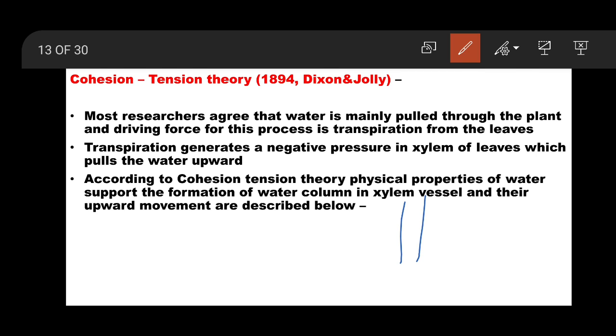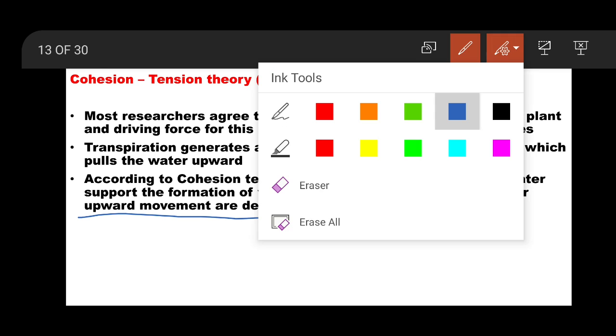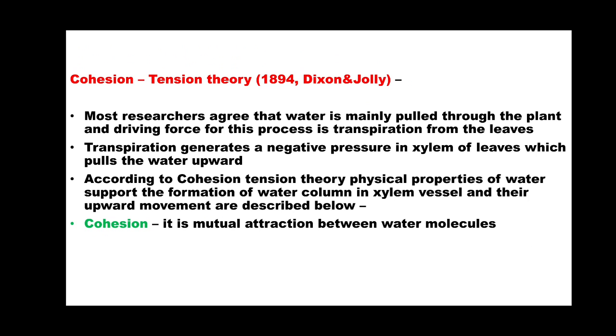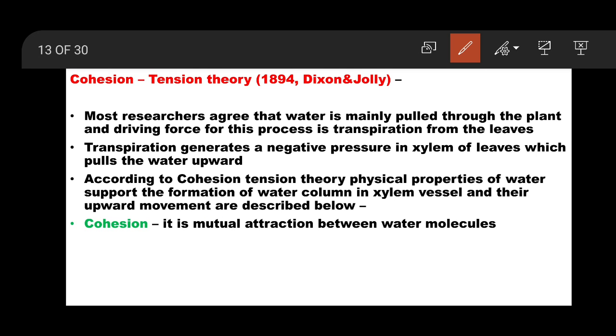So xylem vessel में एक water column बनता है. वाटर कॉलम क्यों बनता है? क्योंकि वाटर के फिजिकल प्रॉपर्टीज की वजह से. So due to these physical properties of water that are supporting the water column formation in xylem vessel and their upward movement. So water column formation भी होगा and there will be upward movement of water after formation of water column. So we are going to study now what is cohesion, what is adhesion, and what is surface tension.